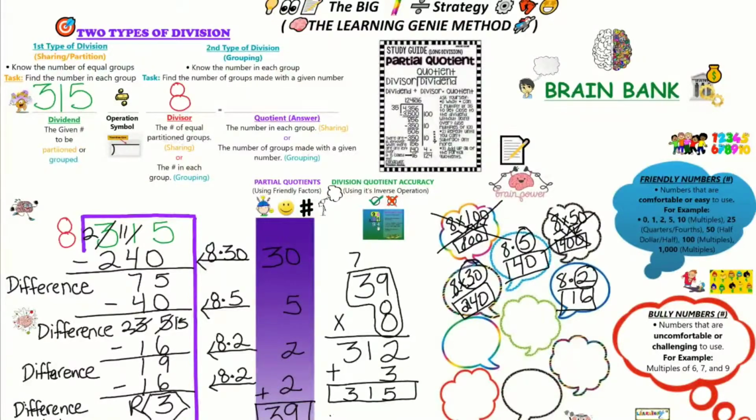This sum matches the dividend. So since it matches the dividend, therefore the quotient is accurate.